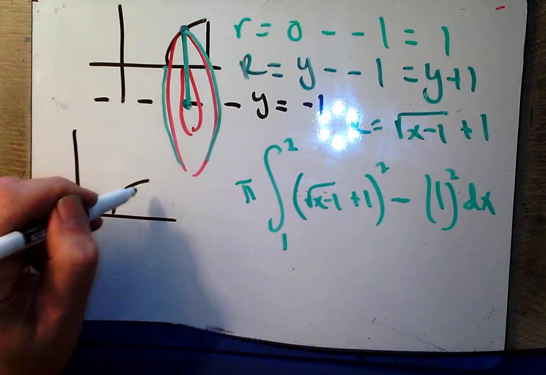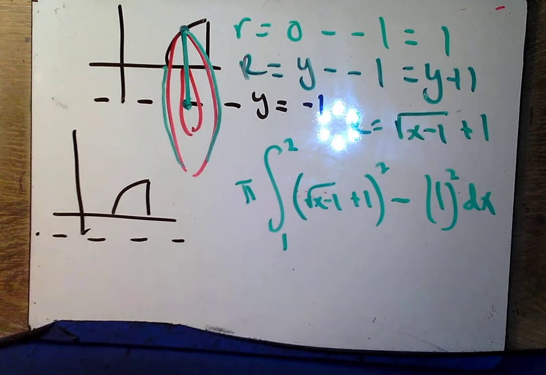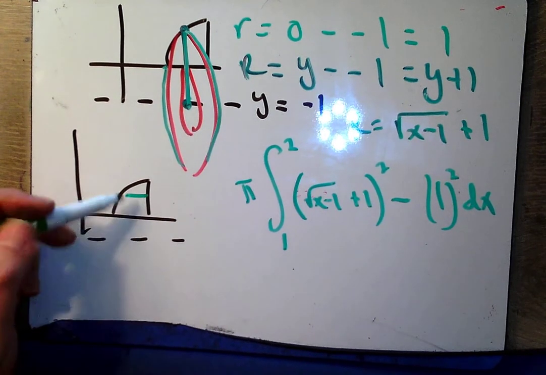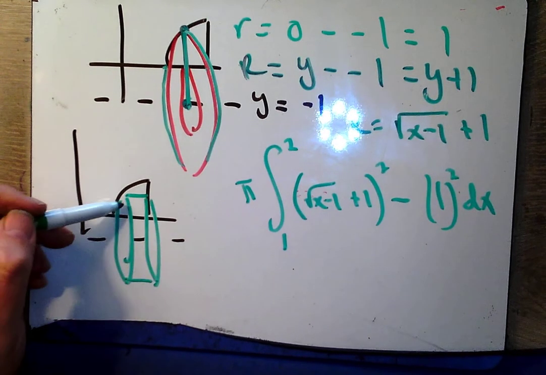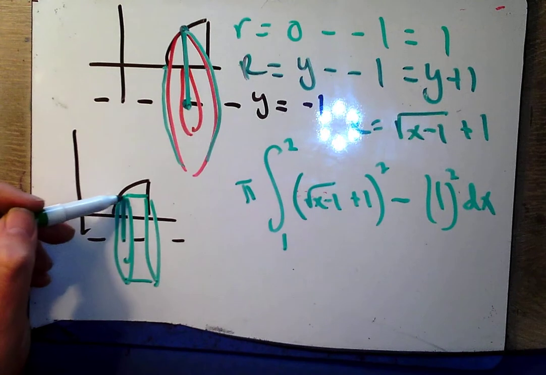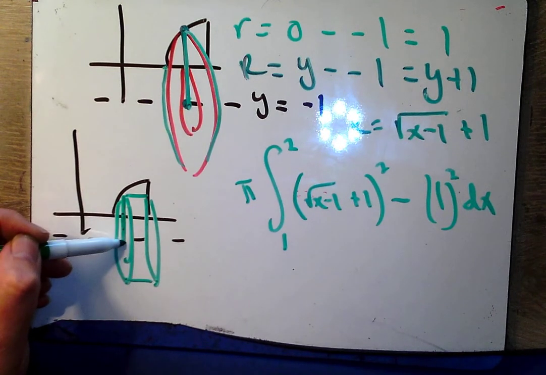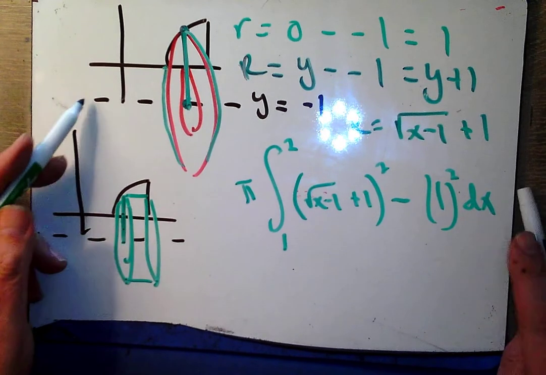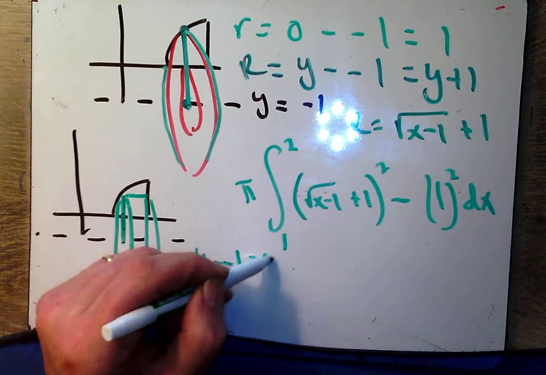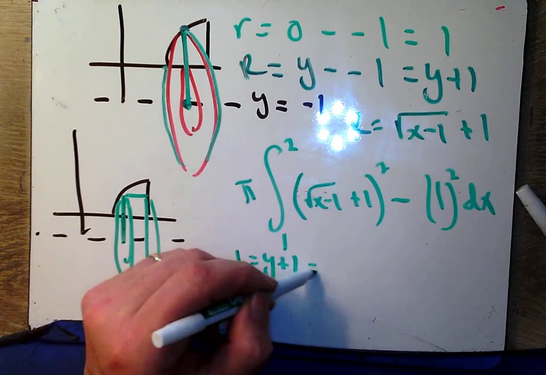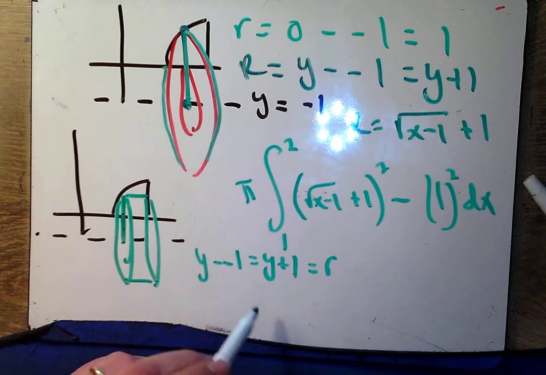Okay, but what happens if we consider this situation with shells? Same shape, rotating around here. I draw something that is parallel to the axis of rotation. So the radius looks like the y value and then to the axis of rotation, which is negative 1. So I'm going to have y minus negative 1, or y plus 1 for the radius. And that's a dy shell, so I'm happy with that.